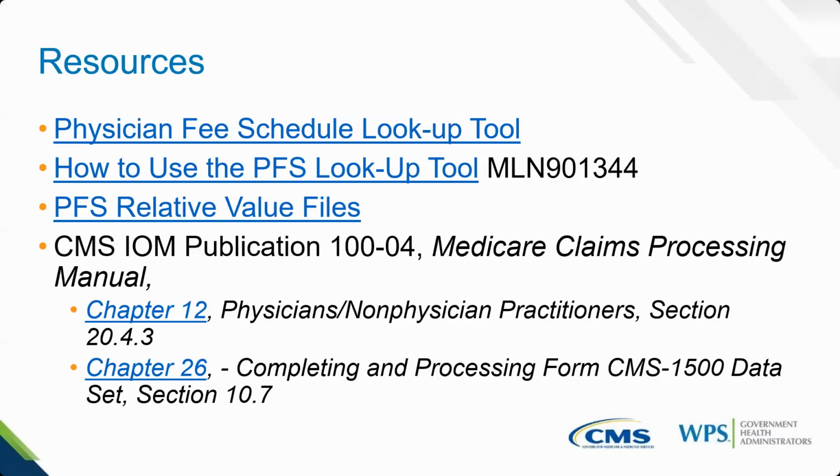And so your assistant at surgery column will be one of those things that come back, and then you can look for the specific indicator. The next thing that we have is simply the relative value file itself. You'll want to look at the dates for that to make sure you're pulling up the correct one for your date of service.